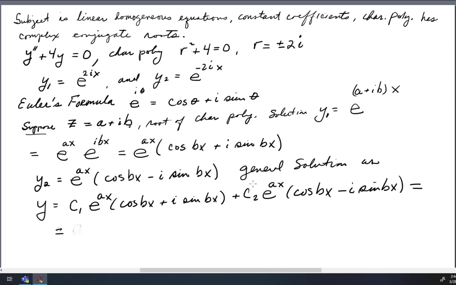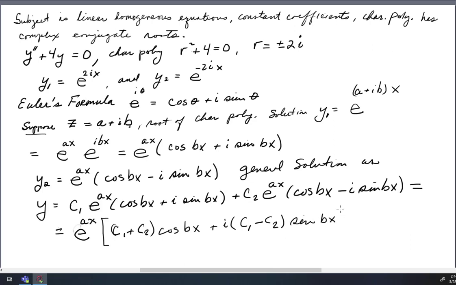We've got an e to the ax and an e to the ax, and so if we factor that out, we could write this as e to the ax, and then let's make a square bracket, c1 plus c2 times cosine bx plus i times c1 minus c2 times sine bx, and close the square bracket.